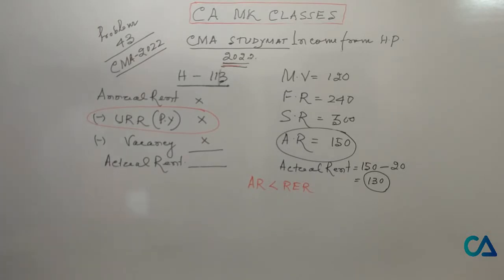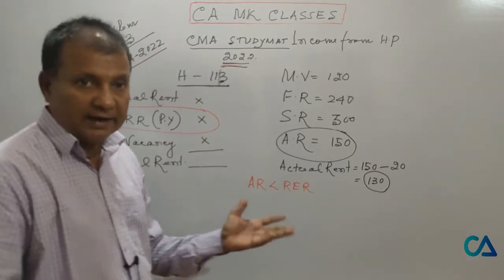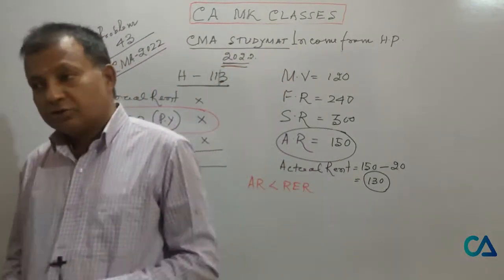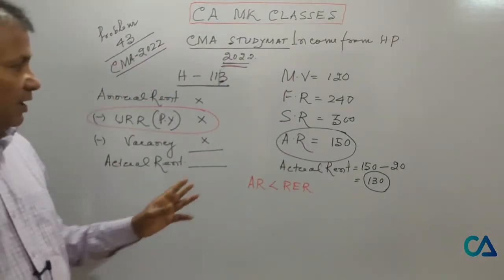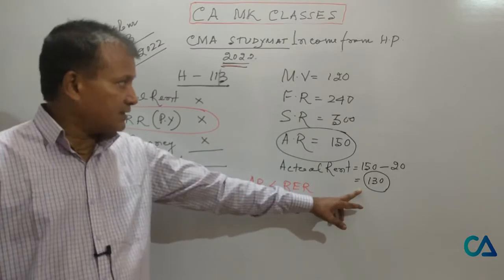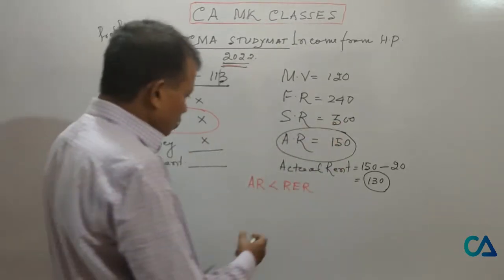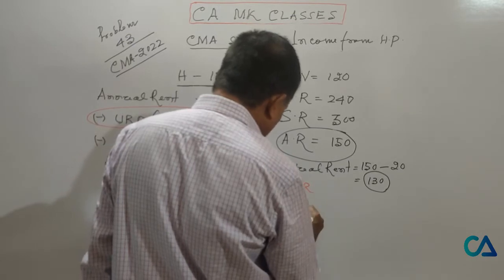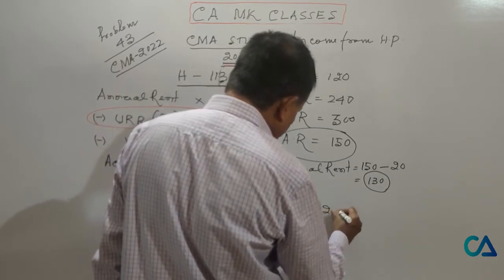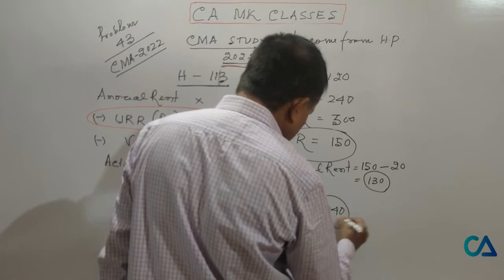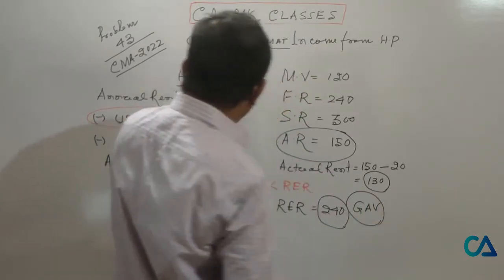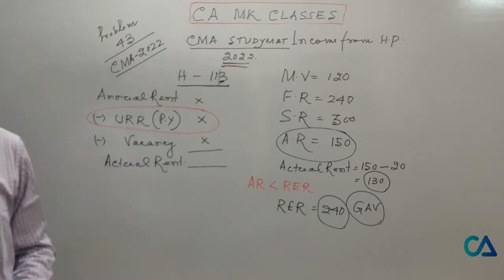Actual rent is less, but not due to vacancy, due to other factors. So RER will be the gross annual value. So RER, that is 240, is the gross annual value of property number 113.